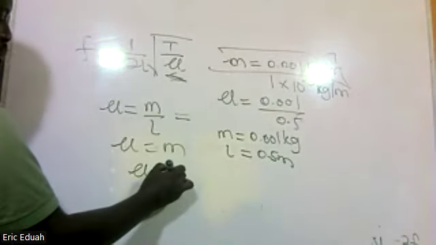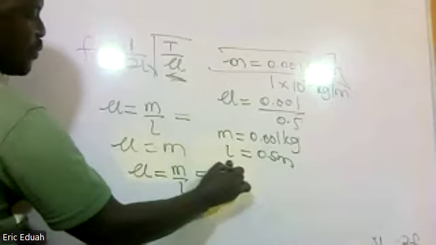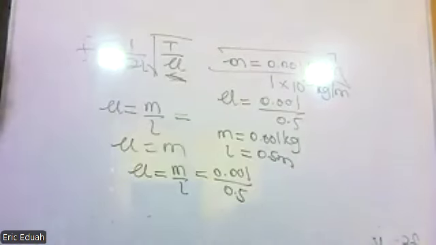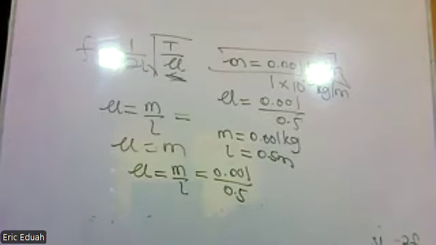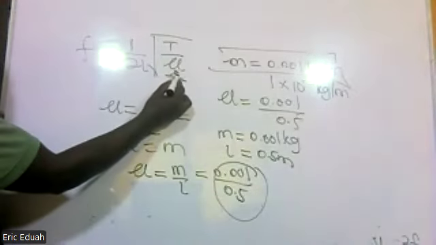Mu would be equal to M over L, and so 0.001 divided by 0.5 would be the linear density. Whatever you get for this is what you substitute in place of mu.